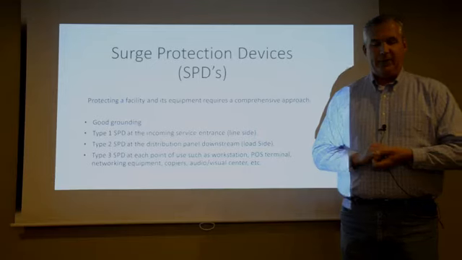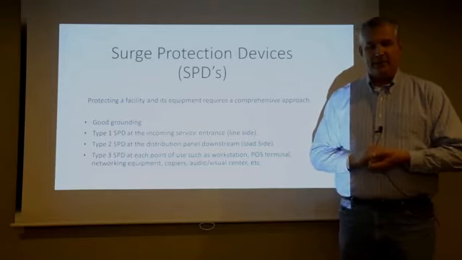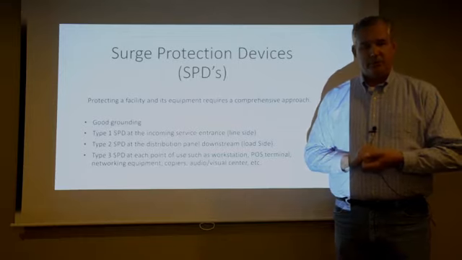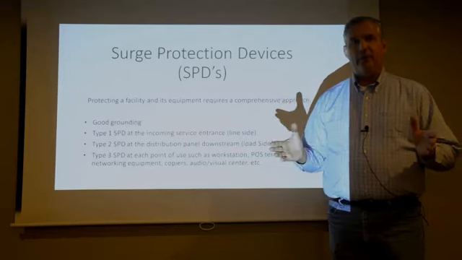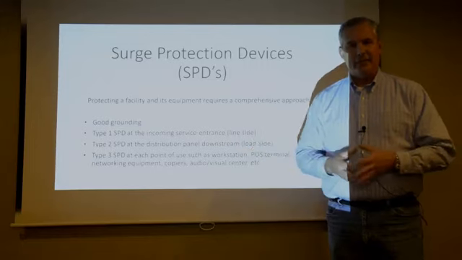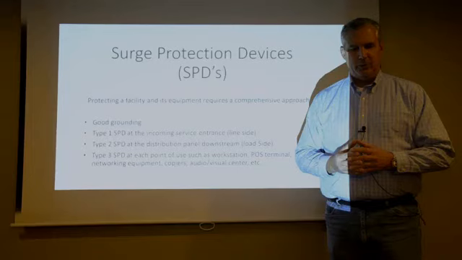Surge protection devices, what are they? Well, they protect a facility and its equipment, and it requires a comprehensive approach. First of all, you have to have good grounding. Without good grounding, a surge protection device is ineffective. So you must have good grounding to begin with.